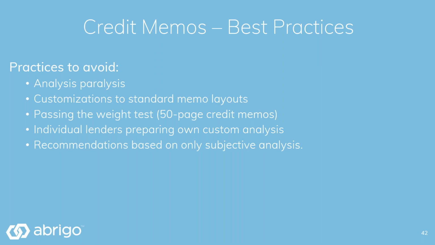And then recommendations based on only subjective analysis. We only had a small percent, I think 10%, that was basically subjective only. Much like I talked about trying to get more financial information and maybe changing your risk scoring model because of the environment we're in, leverage the environment we're in and try to migrate to at least some objective component in your analysis.